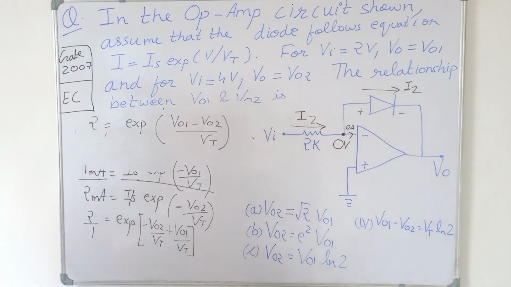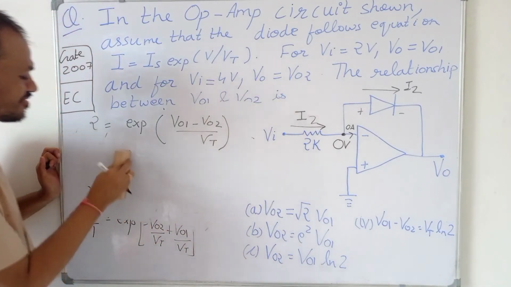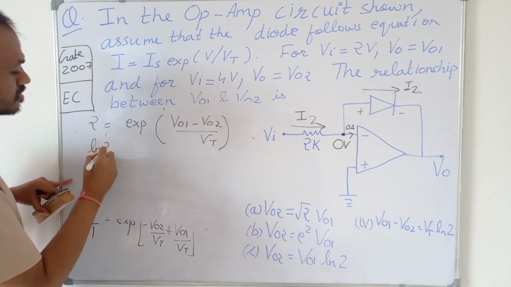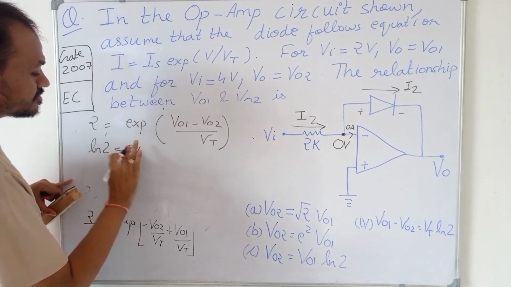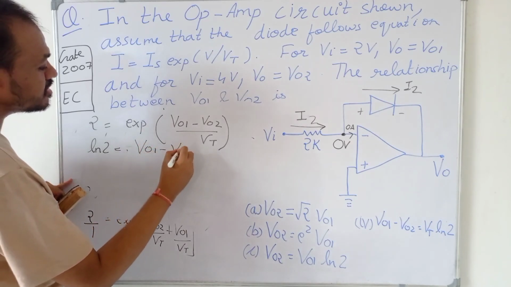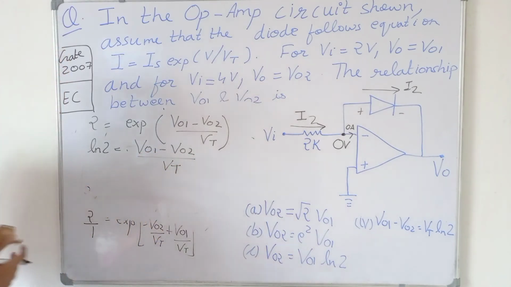If we take natural logarithm on both sides, then we get ln of 2 is equal to Vo1 minus Vo2 upon Vt. So Vo1 minus Vo2 will be equal to Vt into ln of 2.